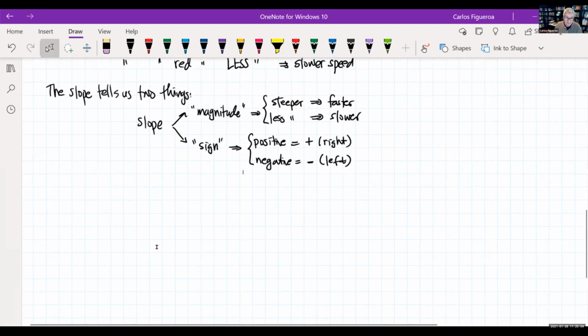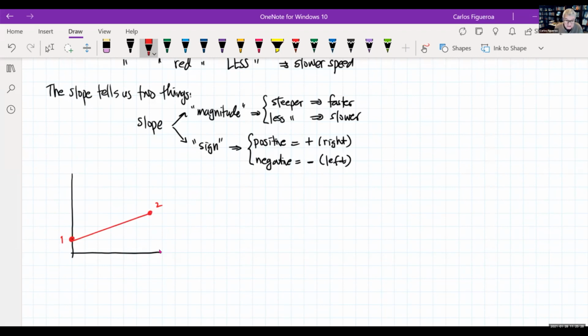So what I want to do here is look at this thing graphically. We kind of touched upon this last time, so I'll try to move through this fairly fast. I can have an object that starts at this point and moves towards this point. When I draw this line, you're seeing that this is a positive slope.